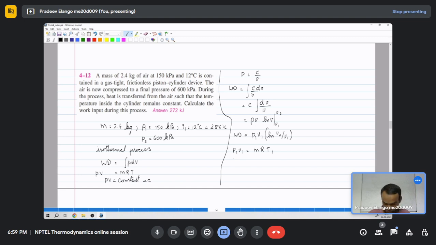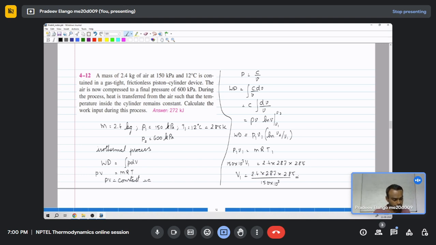So P1 is 150 into 10 power 3, V1 is equal to, so this is capital V1 because we consider mass, 2.4 into R is 287 into T1 is 285. So V1 is 2.4 into 287 into 285 divided by 150 into 10 power 3.